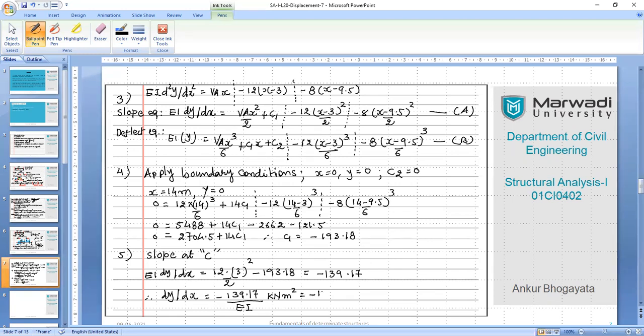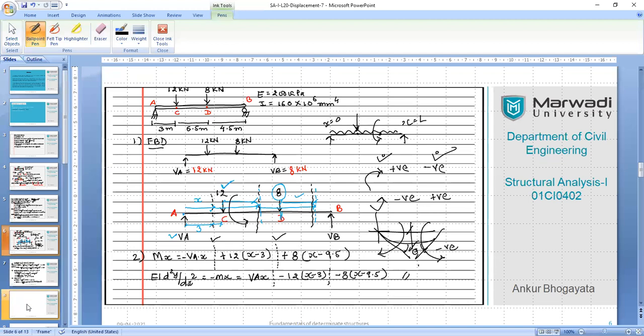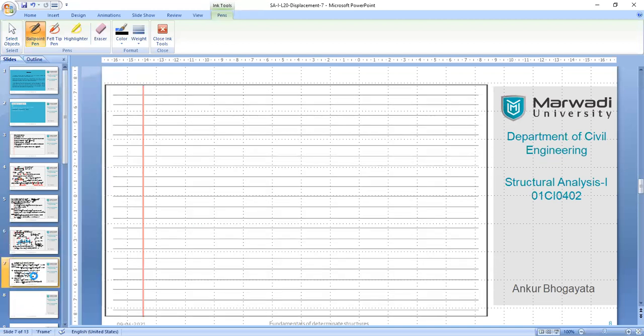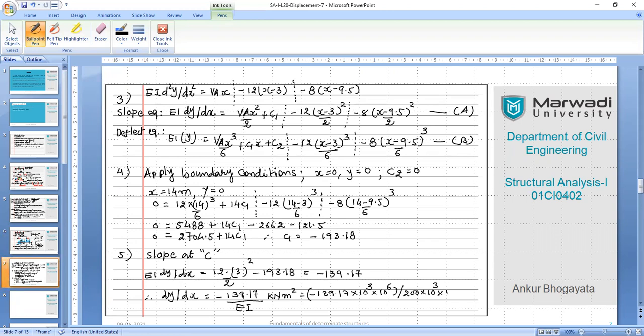So minus 139.17 into kilonewton will become 10 raised to 3 Newton and meter will become 10 raised to 6 mm square, divided by 200 into 10 raised to 3 Newton per mm square, that is E, into I, which is 160 into 10 raised to 6.